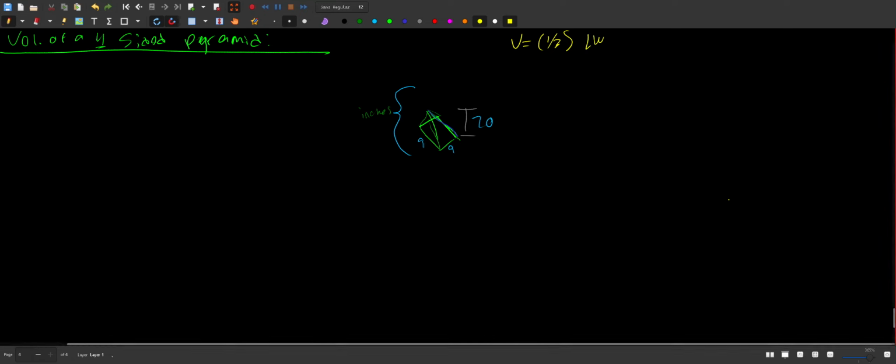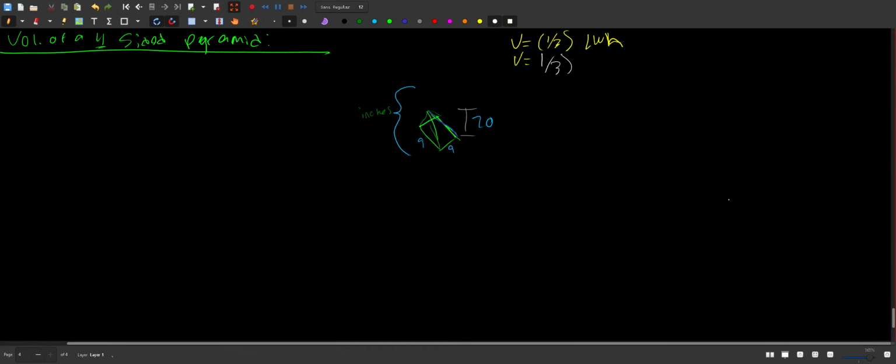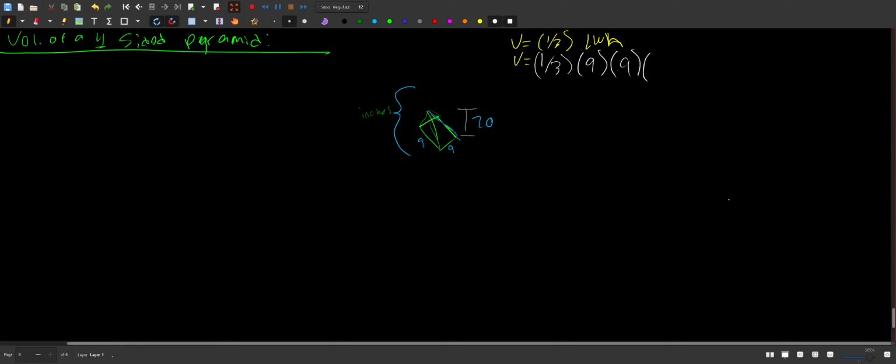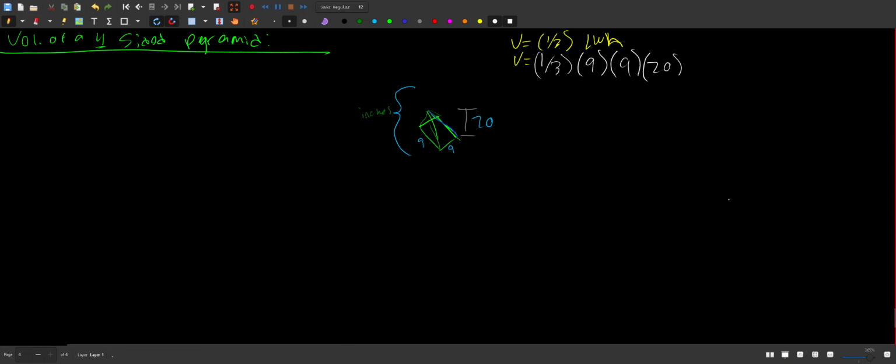So LWH. So let's just plug it in. Volume equals 1 divided by 3 times the length, which is 9, the width, which is 9, and the height, which is 20.